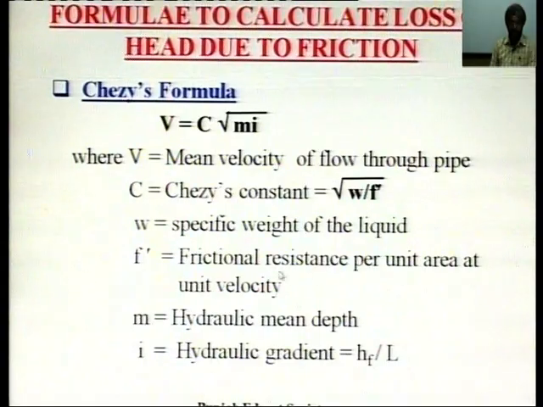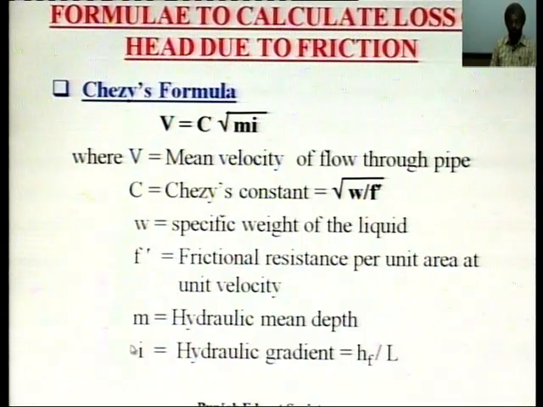We all know it is the specific weight of the liquid. f', once again, is the frictional resistance per unit area at unit velocity. And regarding this m, we have just studied the hydraulic mean depth, and this i is the hydraulic gradient, given by hf upon L.